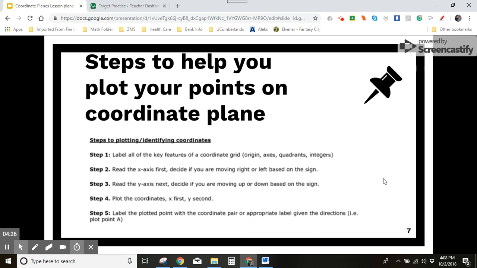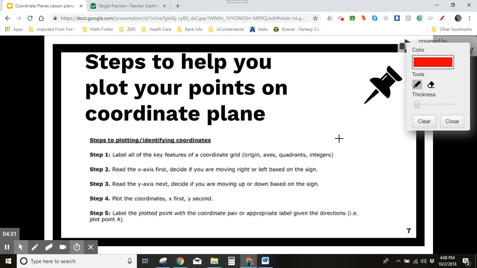Here are steps to help you plot your points on a coordinate plane. First, I want you to make sure that you label your axes. So I have my x and my y. Remember, x always comes first, then y second. For right now, I want you to label Q1, quadrant 1, Q2, Q3, and Q4, and label your origin.